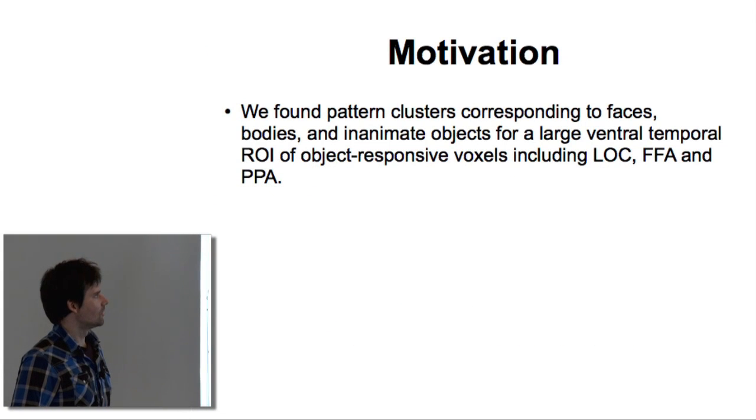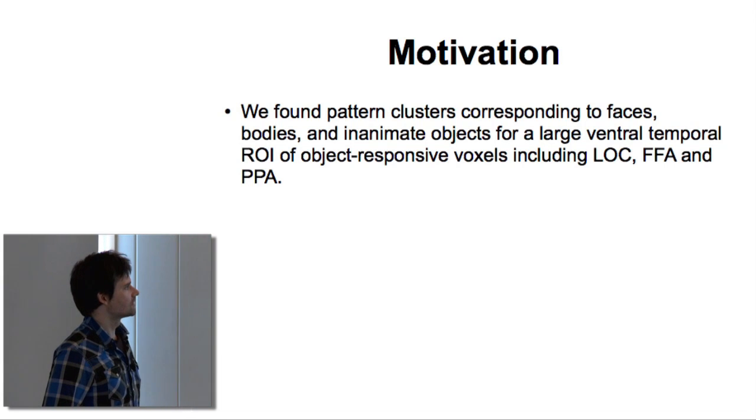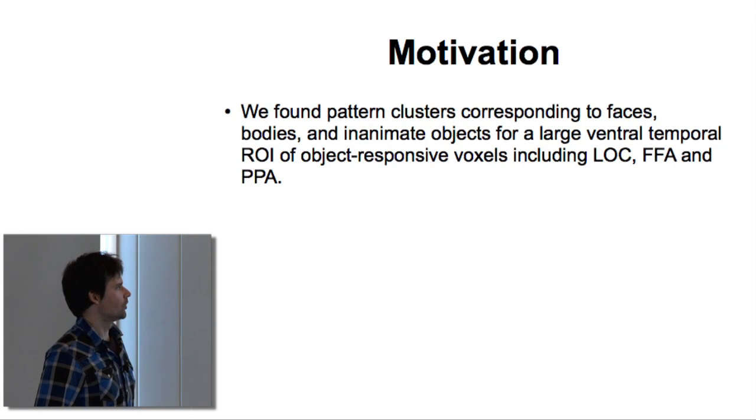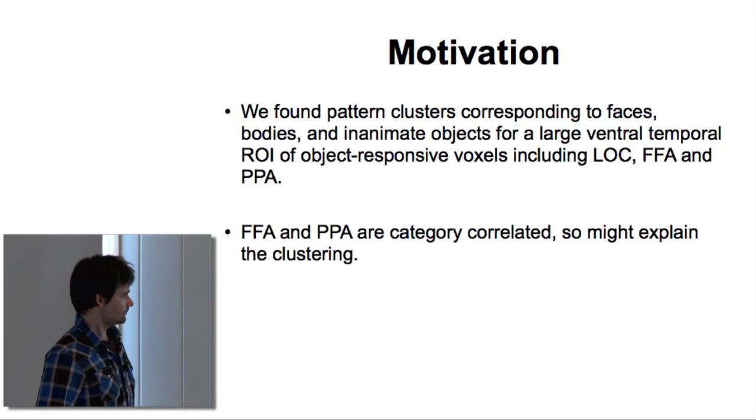So the motivation for this is that we found these pattern clusters corresponding to faces, bodies, and inanimate objects. And we found these clusters for a large ventral temporal ROI of object-responsive voxels, which included LOC, FFA, and PPA.